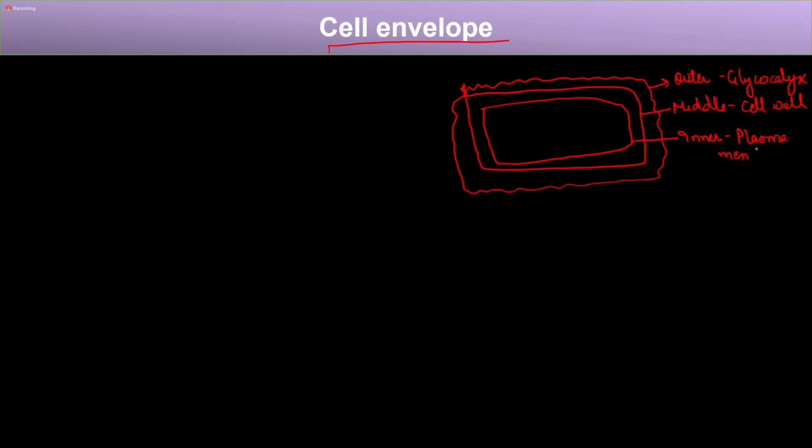So if someone asks you to write down the names of the cell envelope components from outside to inside, your answer should be glycocalyx, cell wall, and plasma membrane. Now, what is the characteristic feature of this cell envelope? Although it has three layers, together they form a single protective layer.